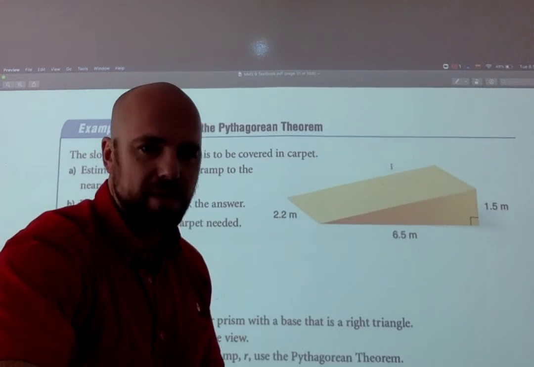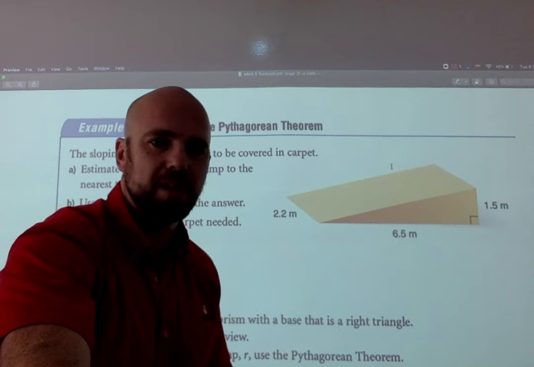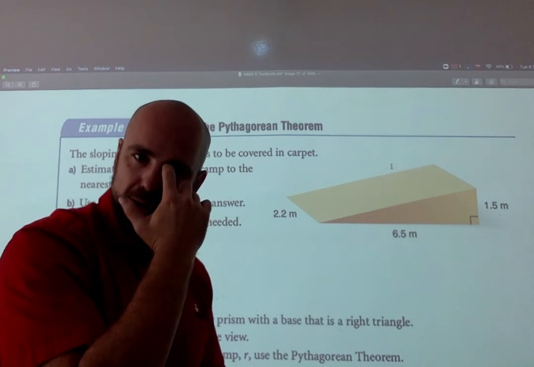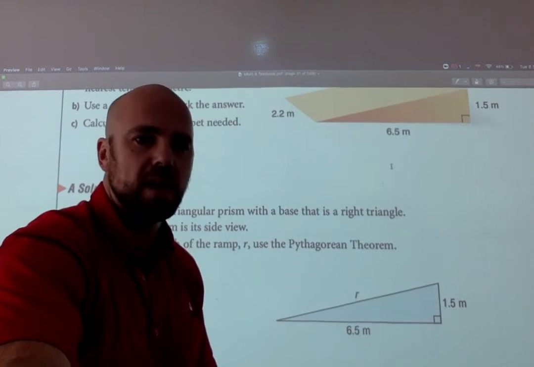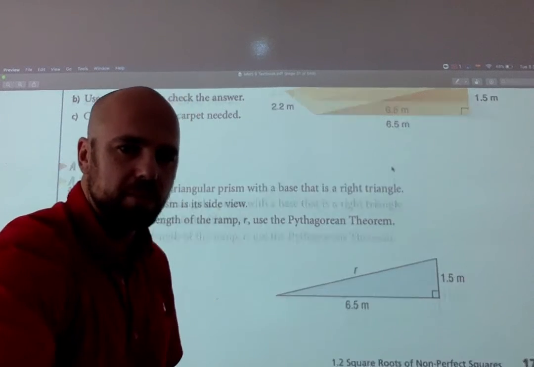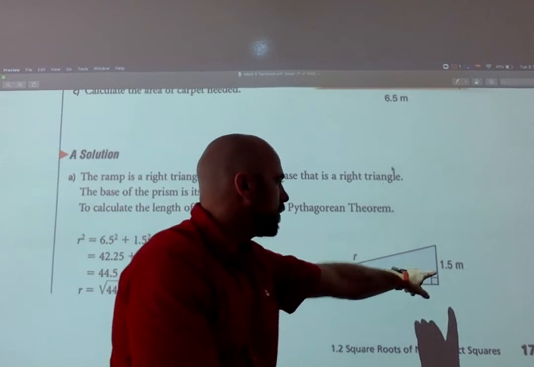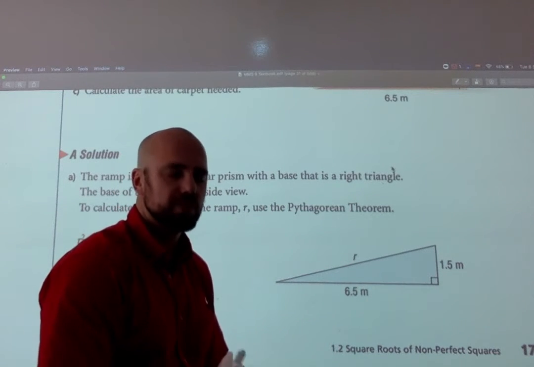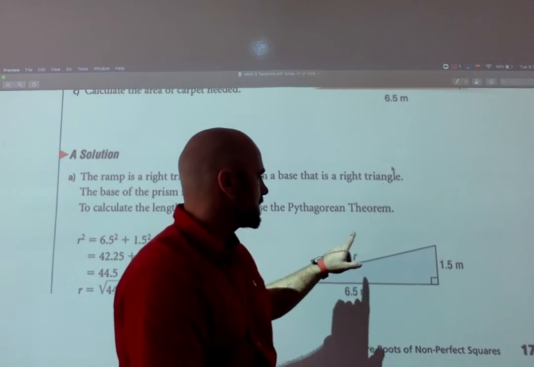The last method that they are doing is applying it with Pythagoras' theorem. So you're going to get some questions like this. Okay, so if we have this question here, I'll move it up a little bit more. We have 6.5 and 1.5, and then we have our hypotenuse r. As a reminder, a squared plus b squared equals c squared.